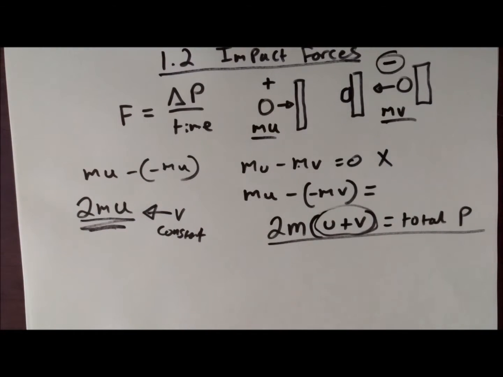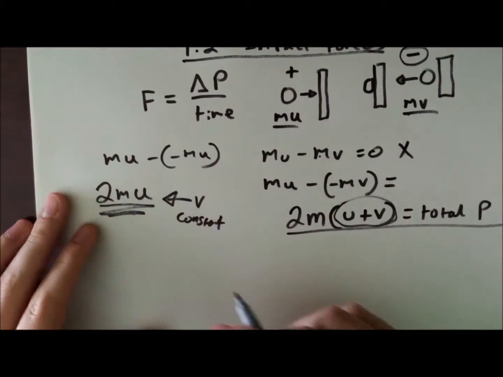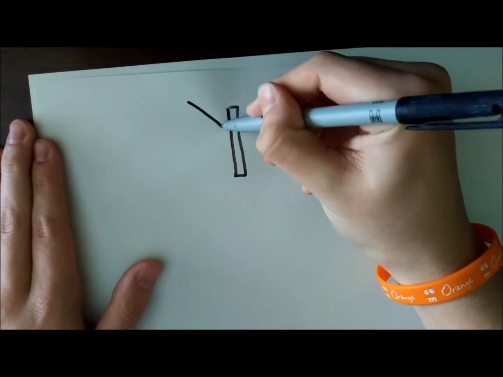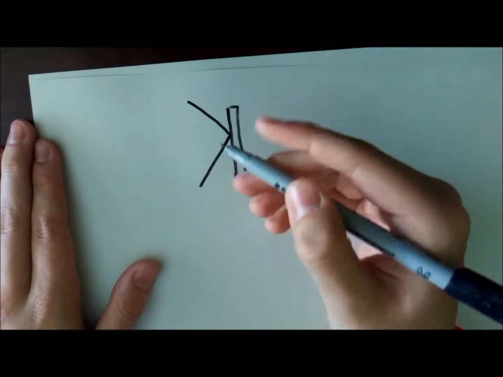Now, another example, which I'll do on another sheet of paper, could be that the ball hits the bat at an angle and bounces off.